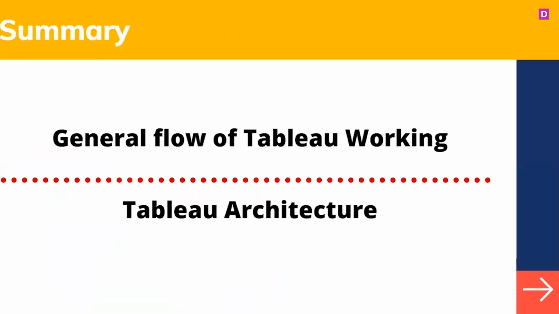We just got an idea of the general flow of Tableau working. Very simple workflow: you use a connector, get the data from multiple sources, use Tableau Desktop or Tableau Online, and perform some visualization. You share the visualization, and you can publish it to a server, or it could be available to a reader. That's the overall flow of Tableau working.